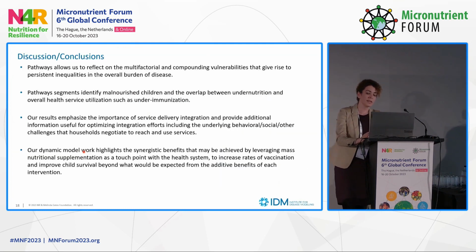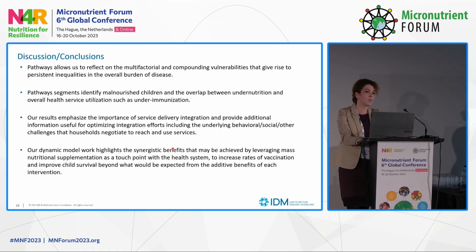So in conclusion, I think our analysis showed that pathways can reflect compounding vulnerabilities that give rise to persistent inequalities in overall burden of disease. We could identify malnourished children and the overlap between undernutrition and overall health-seeking behavior and health service utilization, such as under-immunization, which emphasizes the importance of service delivery integration.